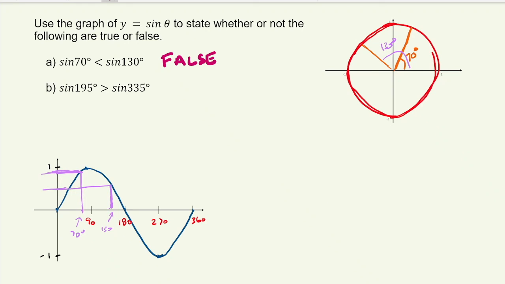Let's look at the next one, sine of 195. Well, 195, where's that? That's going to be about here. Okay, let's find that on our graph. It's going to be just after the 180. So it's going to hit down here.